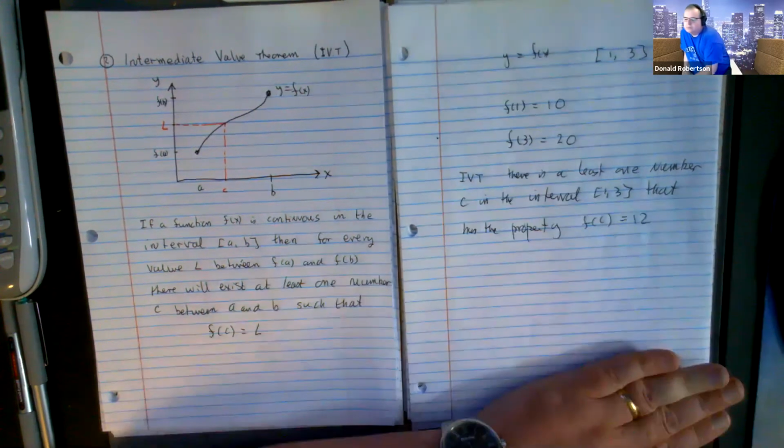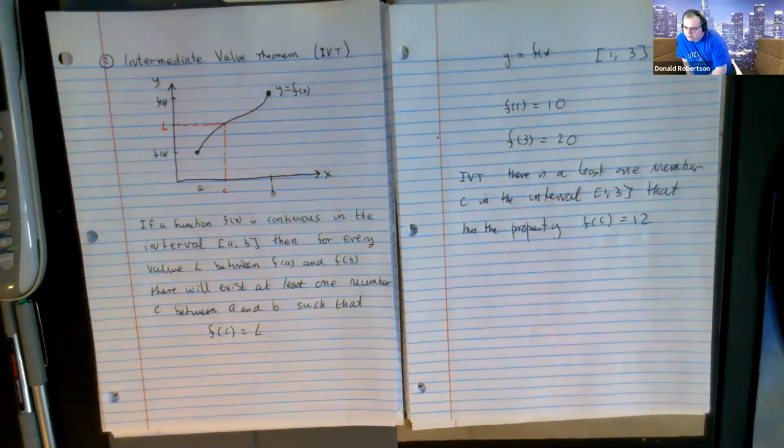Would you agree? If you're a continuous function and you start at the value 10 and then you go to the value 20, shouldn't there be some place where the y coordinate is 12? At least one. That's basically what the intermediate value theorem is saying.